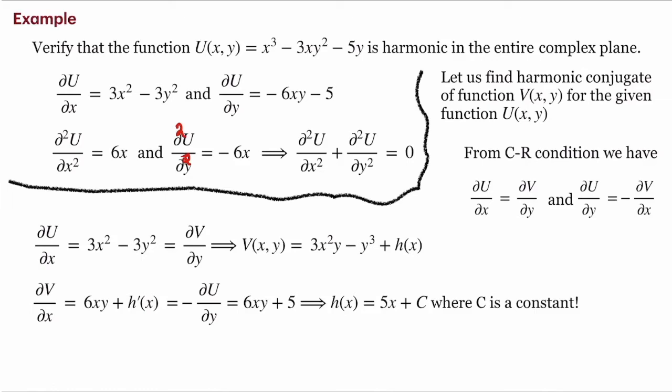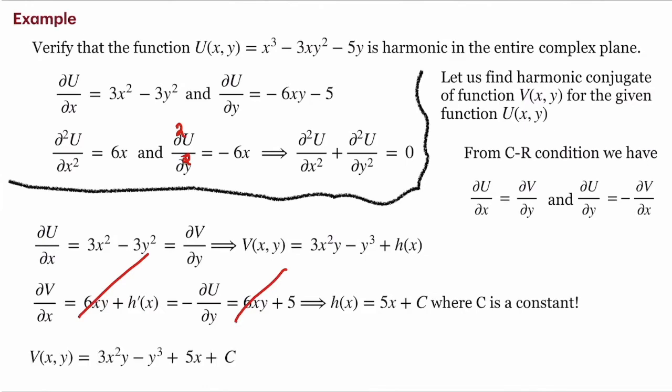that is dv by dx, which is 6xy plus h prime of x, must be equal to minus du by dy, which is 6xy plus 5. So from this we figure out that these terms cancel out, and then we have 5 is equal to h prime. So we integrate this and then we get h of x is equal to 5x plus c, where c is a constant.